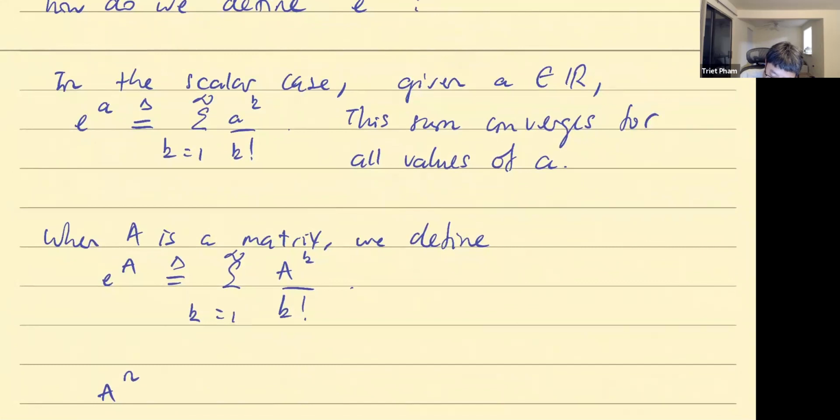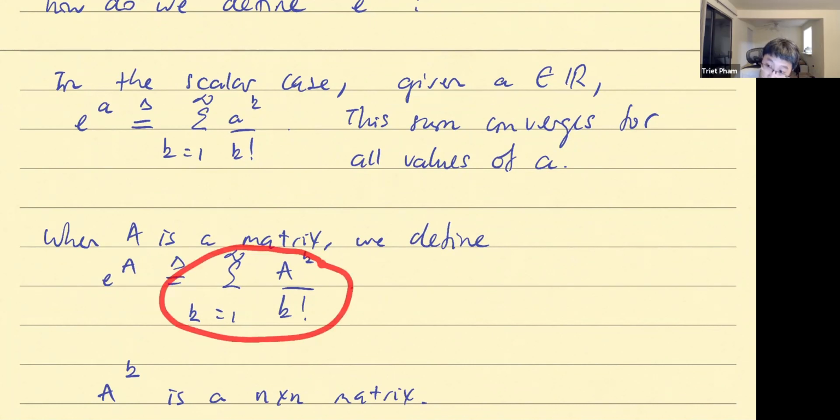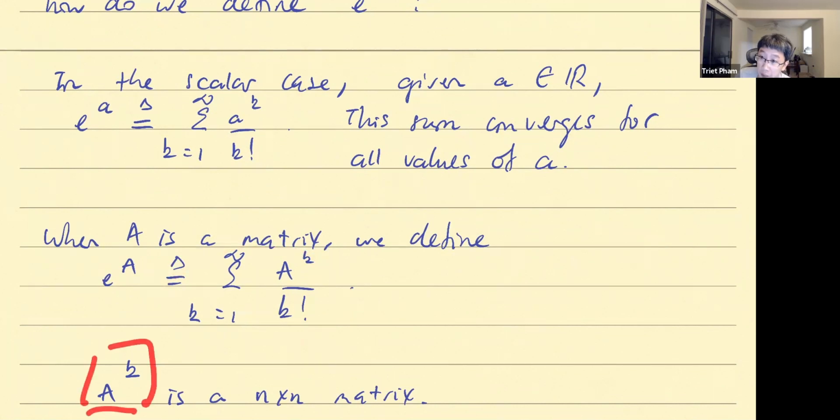So A to the k is an n by n matrix, and dividing by k factorial is dividing by a scalar. So what happens here is you sum up infinitely many n by n matrices. And when you add them up and suppose that converges, then you define that final matrix, which is also n by n dimension, as e to the A. With, of course, the caveat that A to the 0 by definition is the identity.